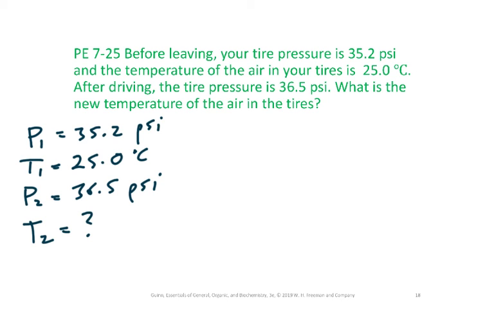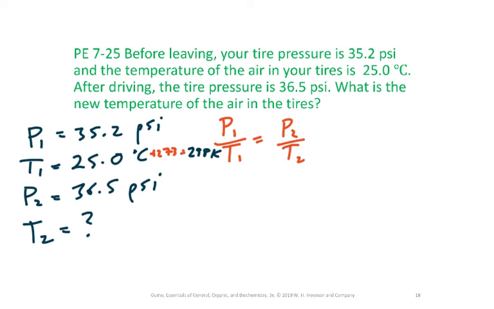But as long as the pressure units are the same as each other, we can use it. Doesn't matter what they are. The only one we really need to worry about is Celsius. It has to be Kelvin. So that becomes 298 K, when we add 273 to 25.